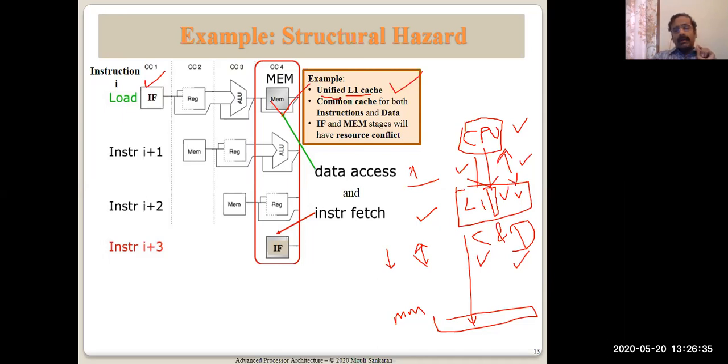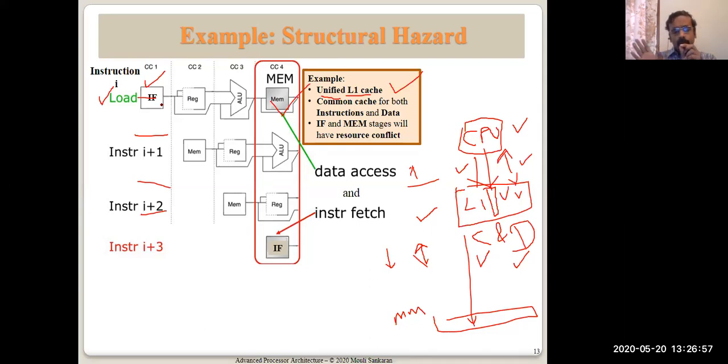So there is a possibility, when the instructions are executed, if there is a load instruction, that means I want to access the data memory for a read purpose. I want to load a register from the memory. I'm not storing something, so it's not a write access.